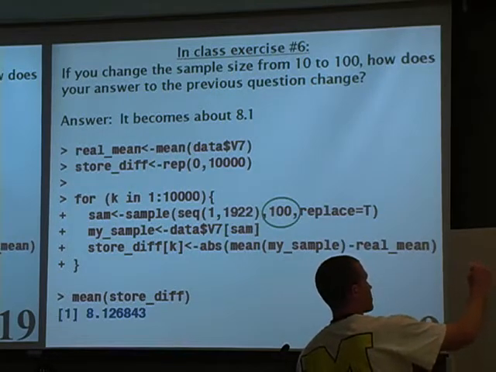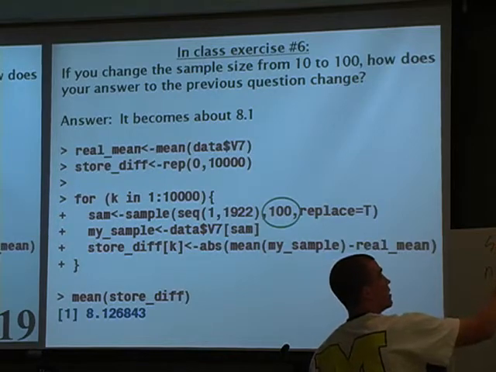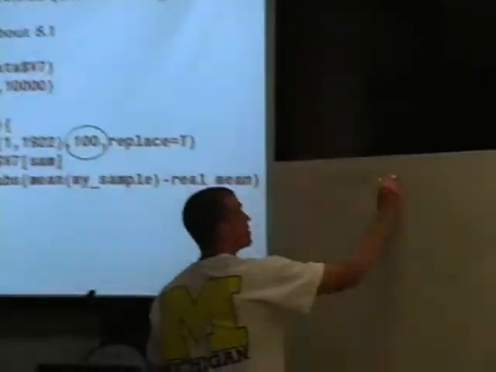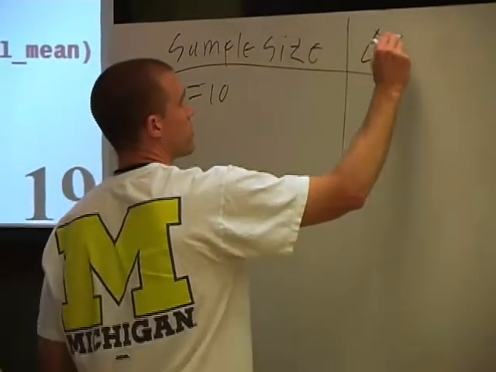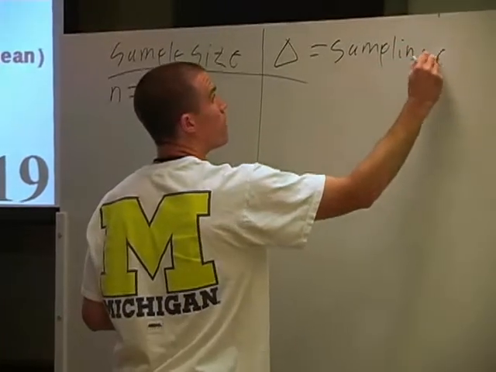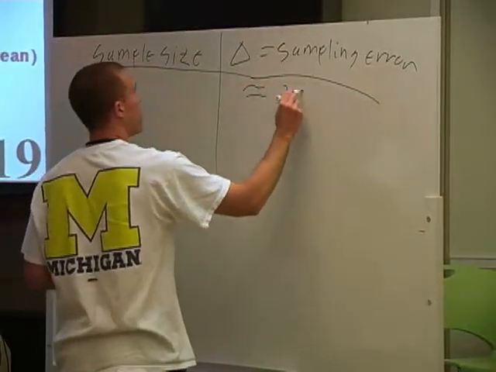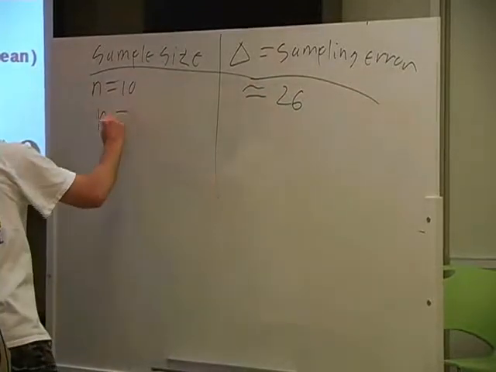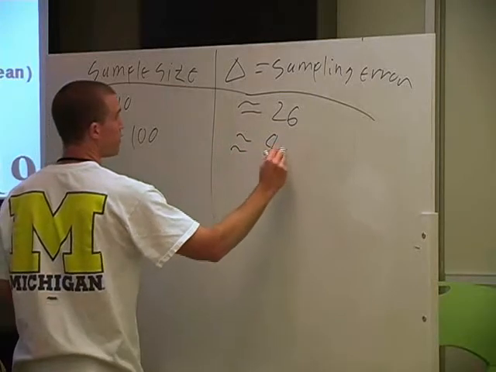If we have a sample size of 10, we saw that our average delta, which is what I'm calling my sampling error, was about 26, roughly. And when I used a sample size of 100, my average delta was about 8.1.